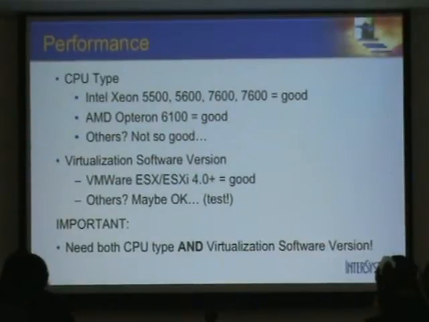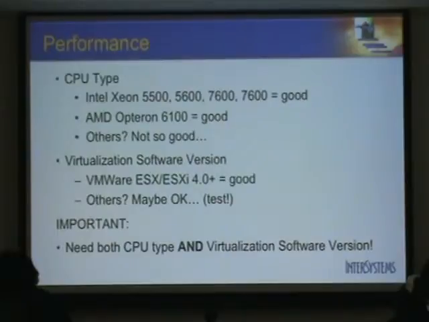Previously, we had found that the performance of Caché and Ensemble inside a virtual machine was not very good. Intel has gotten together with VMware and worked very hard to create an environment in which performance of virtual machines is a lot better.